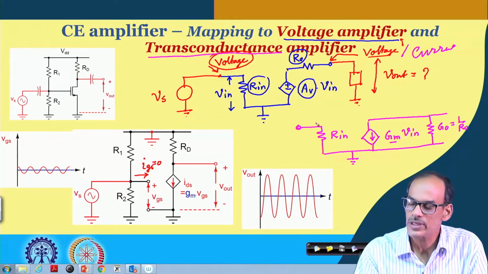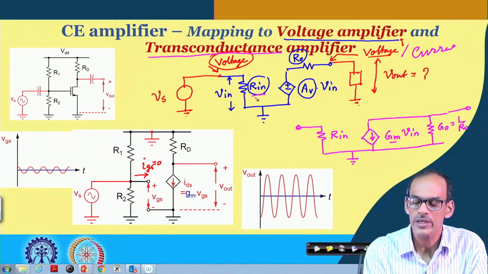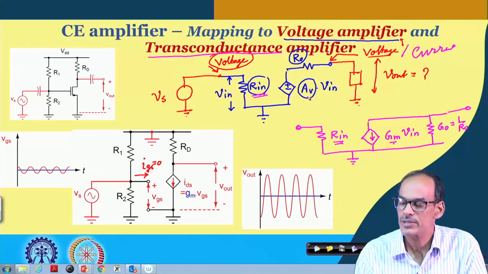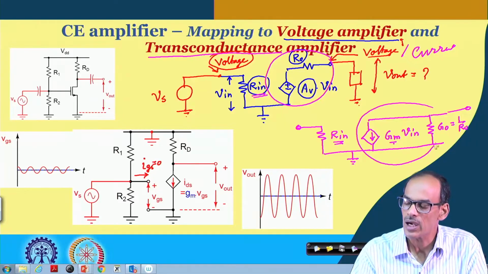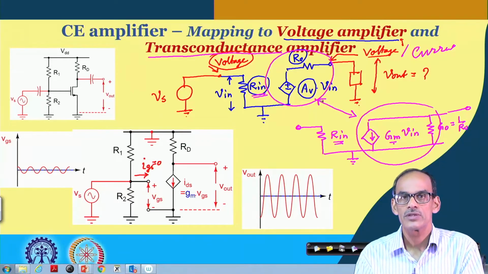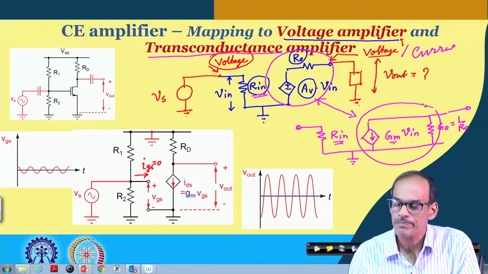Now, these two circuits are of course equivalent. So, this R in and this R in are the same, whereas this G m and this A V must have some relationship, so that the two circuits are equivalent, namely this Thevenin equivalent signal source needs to be converted into a Norton equivalent source here.